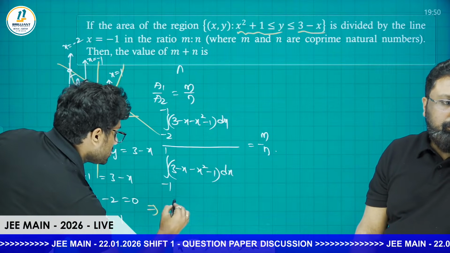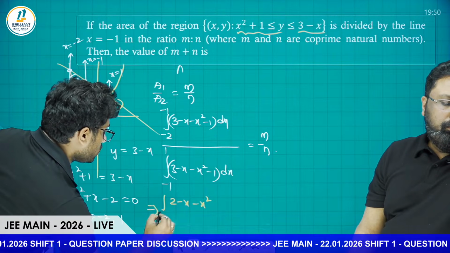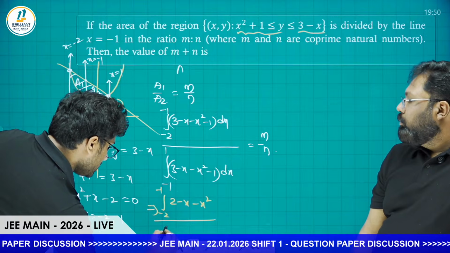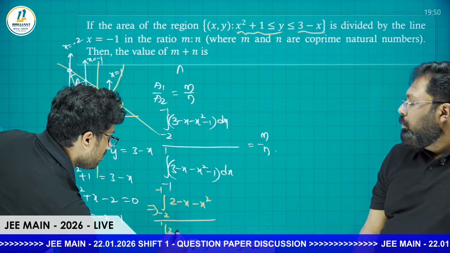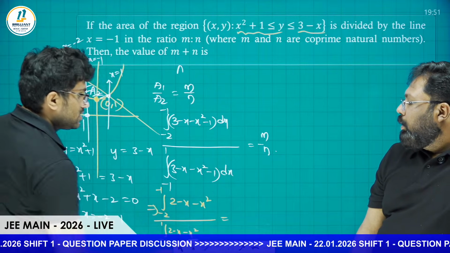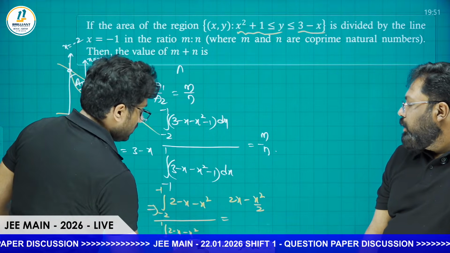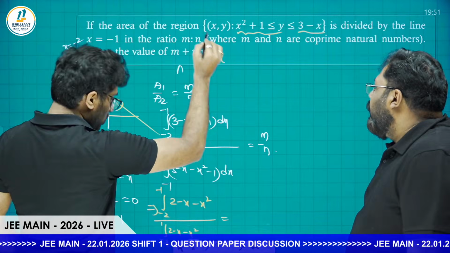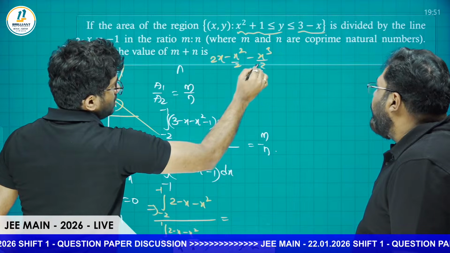We have to only integrate this, and first simplify before integration. So 3 minus 1 is 2 minus x square, from minus 2 to minus 1, whole divided by the same thing again from minus 1 to plus 1, 2 minus x square. If we integrate this, this is 2x minus x square by 2. Minus x we'll integrate at one place and add the values. So 2x minus x square by 2 minus x cube by 3.